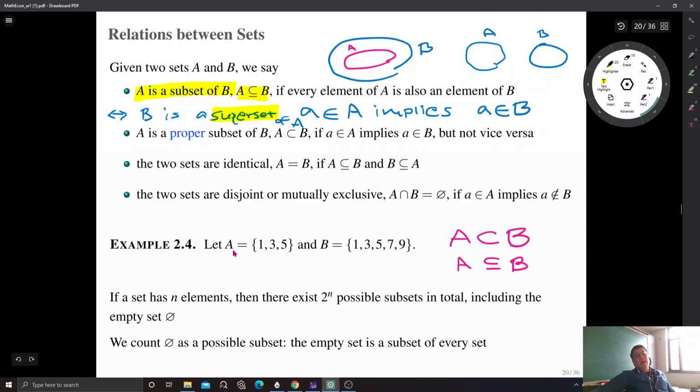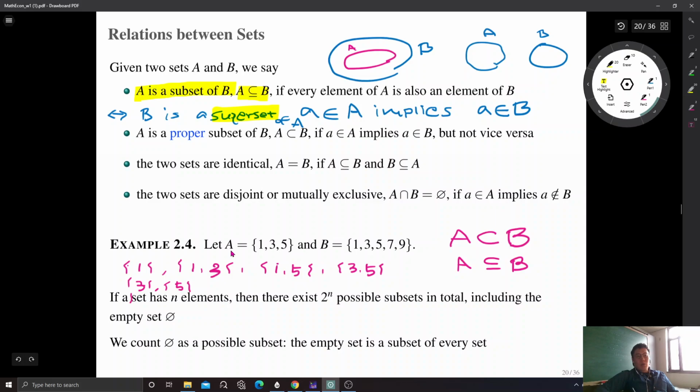If we think about a possible subset of set A: first, the empty set. Then {1} is a subset of A, and {1, 2} is also a subset of A, and now {1, 3}, and {1, 5}, and {3, 5}, and {1, 2, 3, 5}.